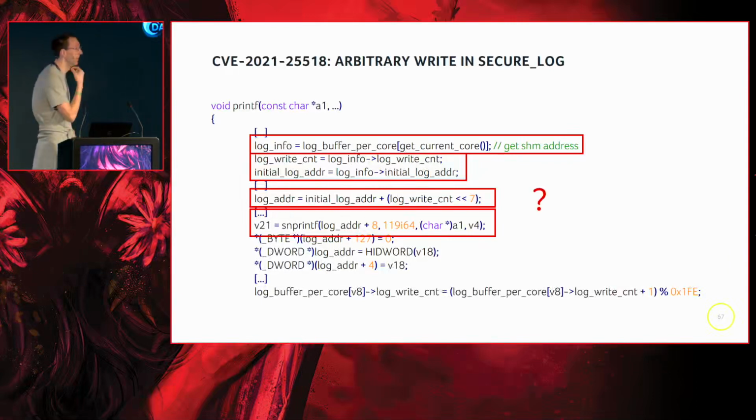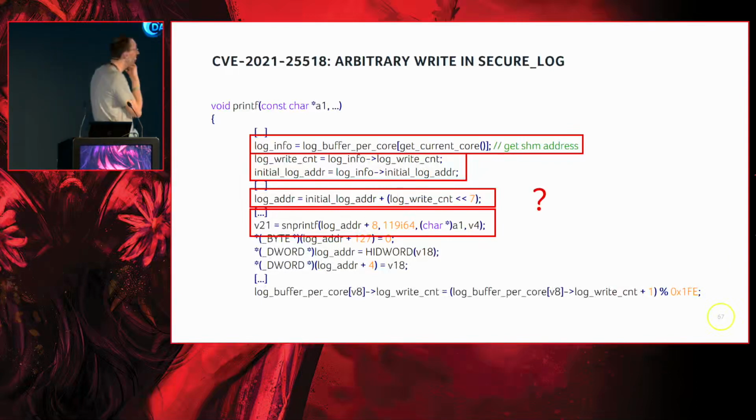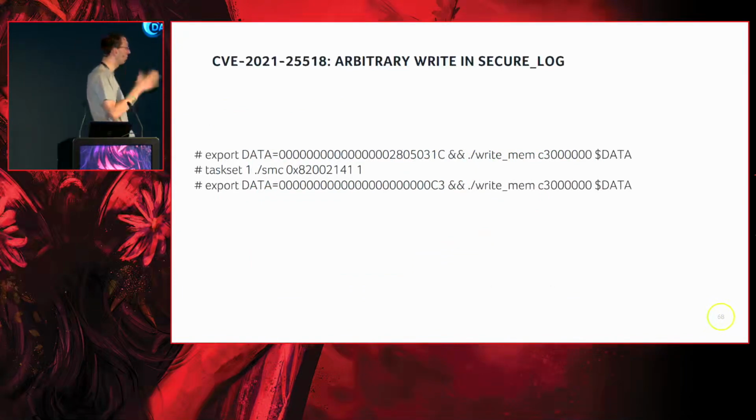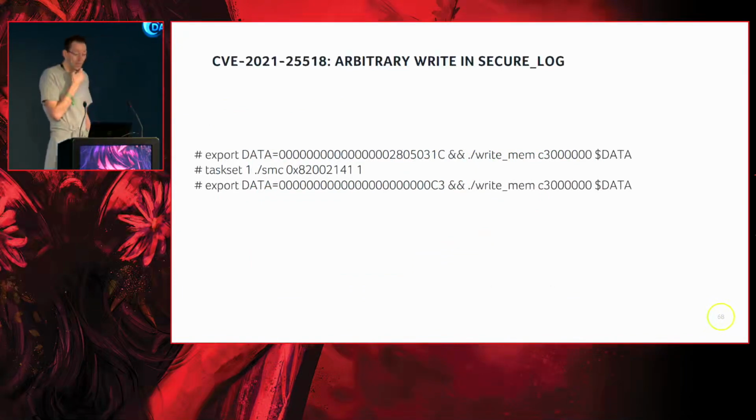But what is missing? Where is the check that we don't specify an overly big write counter? Where is the check for the base address? Well, it's not there. So the ring buffers are at C3 00000, one for each core. They get incremented addresses by roughly 10,000 hex.